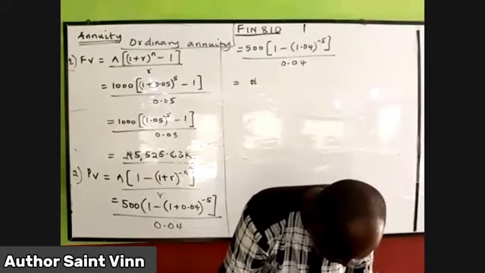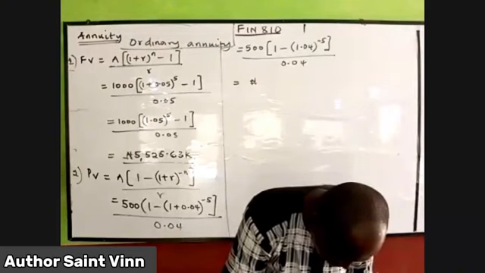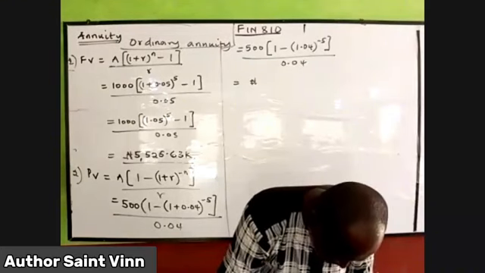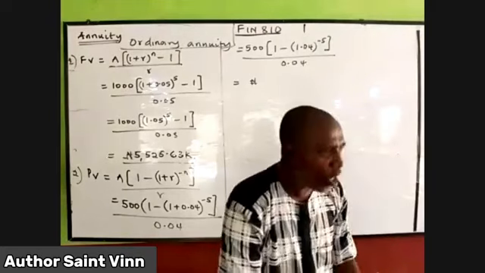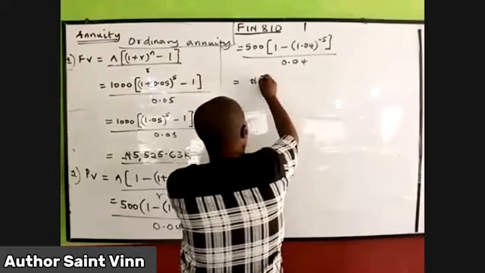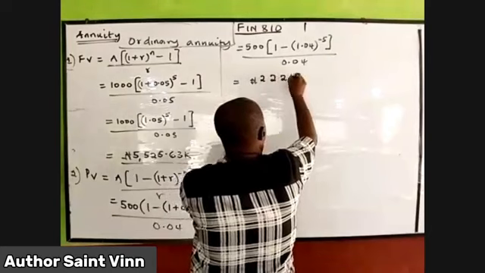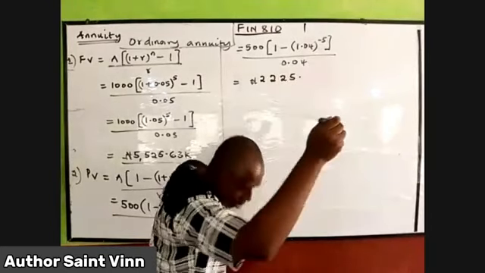You now divide by 0.04, press answer. You now multiply by 500, and the answer will just appear: 2225.91.